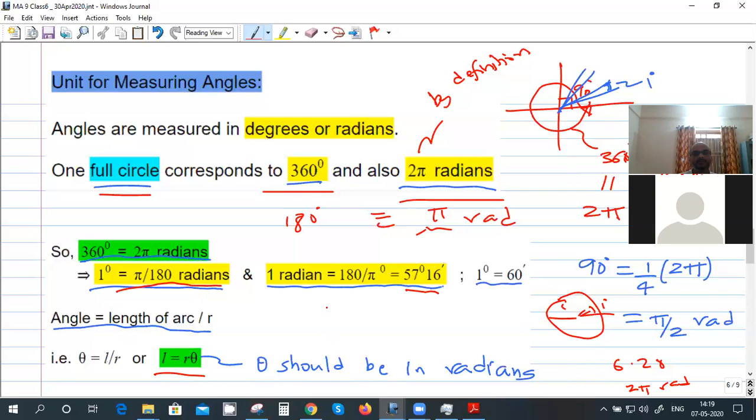Okay, so if theta equals 1 radian, then what is the arc length? If theta is 1 radian, then the arc length is r.